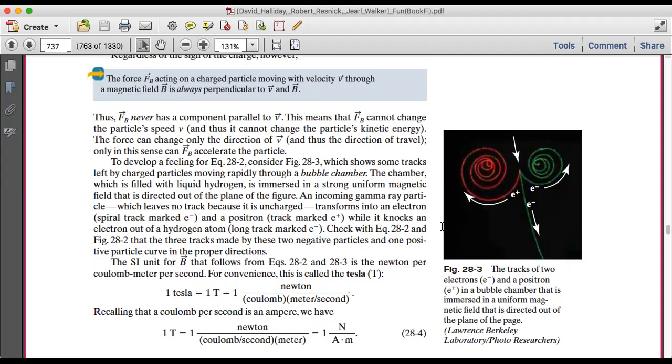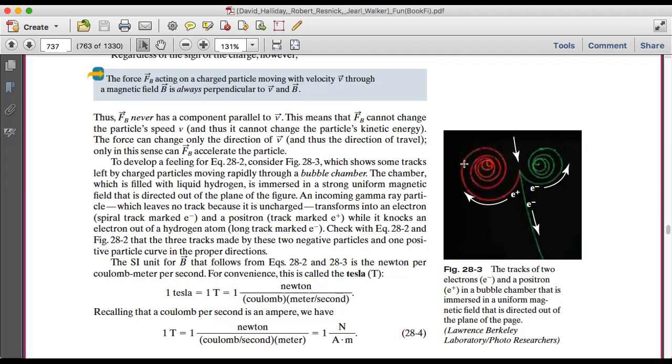So we can see this only in the chamber. We call it a bubble chamber. It's saturated gas, so a high energy particle will ionize the outer electrons of the gas, and it will produce a photon.